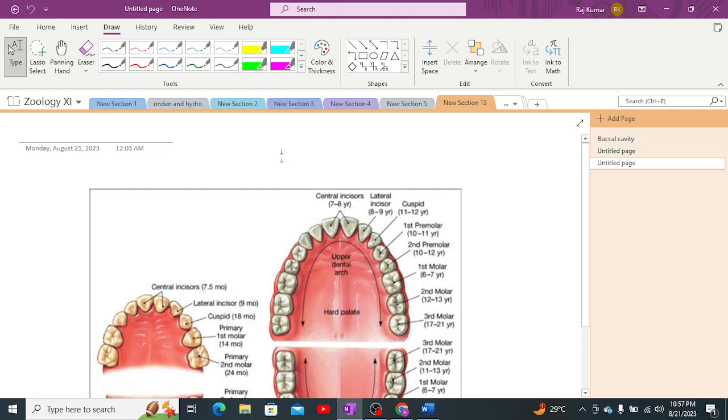Secondly, they are thecodont. What does thecodont mean? Thecodont means that the human teeth are arranged in a fixed socket, a proper arrangement of teeth inside a particular socket, arranged in such a rounded manner that it covers the entire buccal cavity.